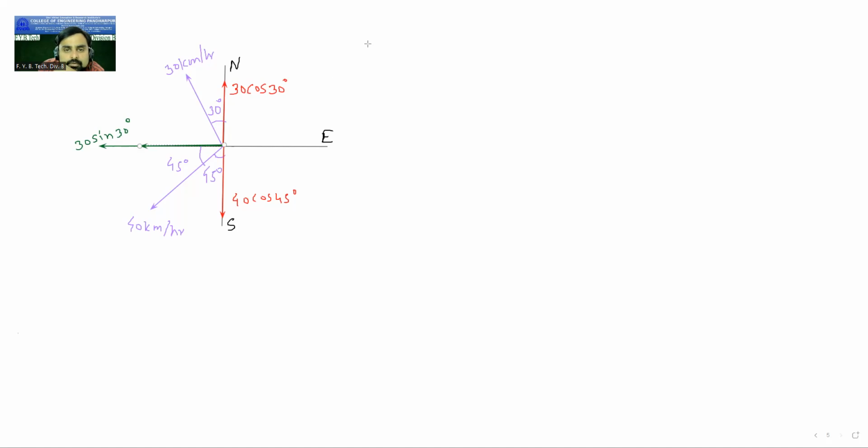And this is 40 sin 45. So this is the resolution. Now we want to find out resultant velocity in x direction. Let me know what is the resultant velocity in x direction.